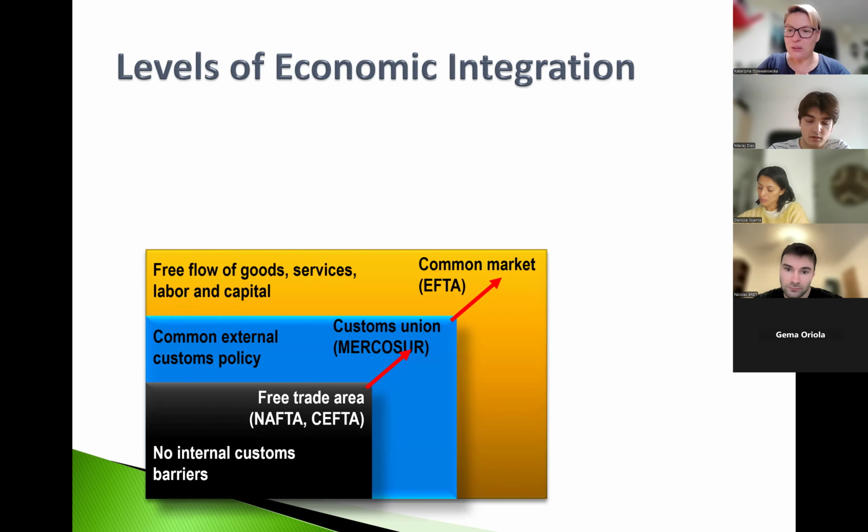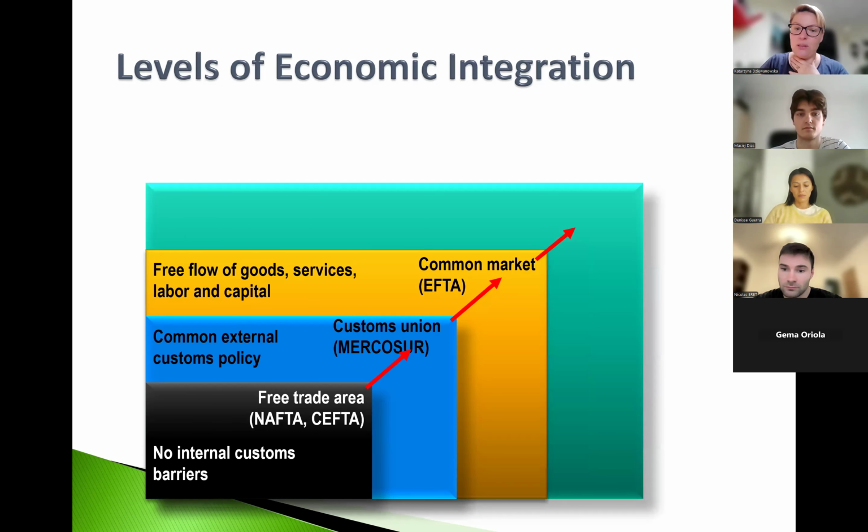This is how the European Union started. In addition to those 2 below, you also have free flow of goods, services, people, and capital. So you can transfer money, you can relocate your workforce, and you can easily sell all over the union, right? And that was the European Free Trade Agreement at the beginning of the European Union.